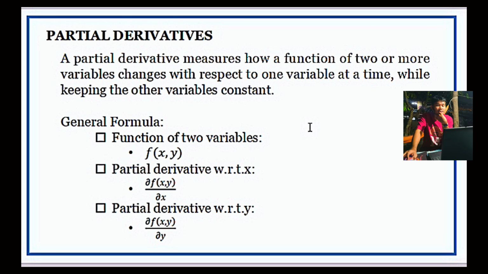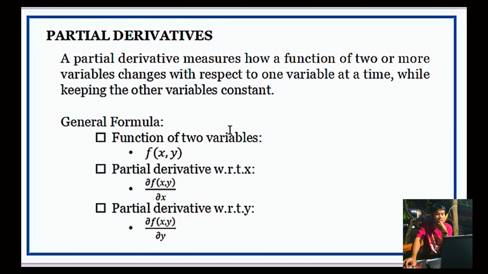Also, in driving a car, the fuel consumption depends on the speed, the road slope, and the weight. Those are examples of partial derivatives in a real life setting.